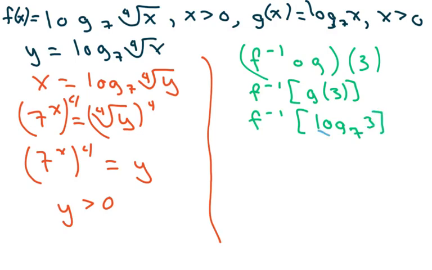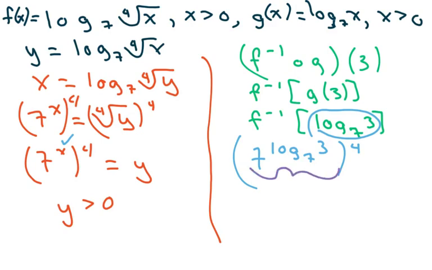I'm going to plug this into our x here. So we get 7 to the log base 7 of 3, to the 4th. And this we know equals 3. We have 3 to the 4th equals 81.